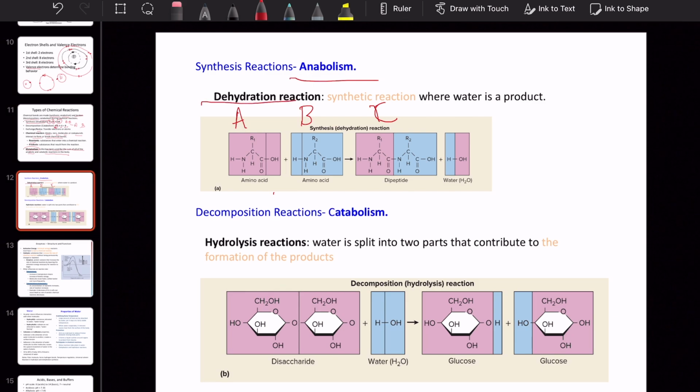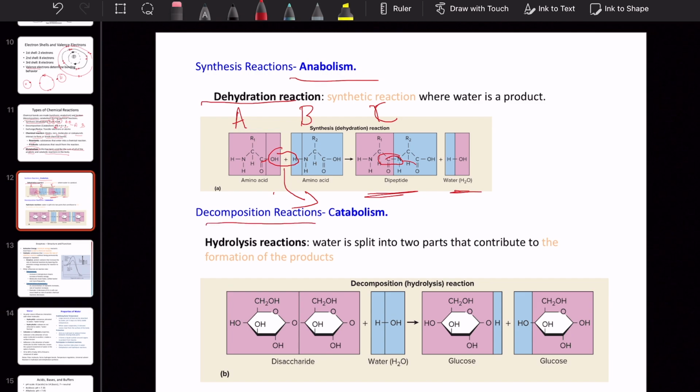Dehydration means losing water from the reactants. Here hydrogen and oxygen combine, and water is a byproduct of this reaction. Then the bond between the carbon and nitrogen is forming over here, so they are making a product. This is the synthetic reaction.